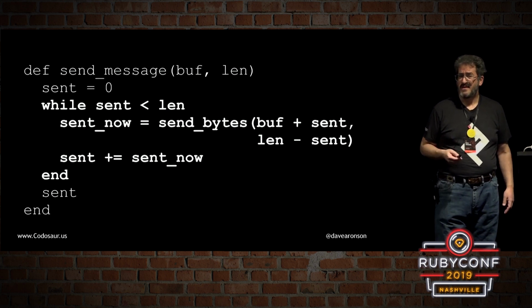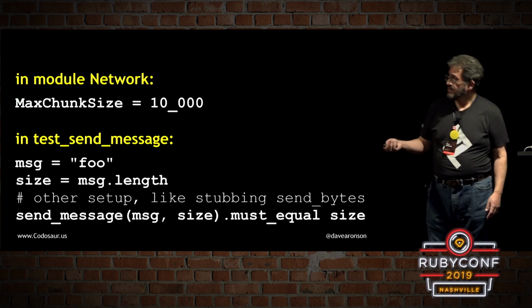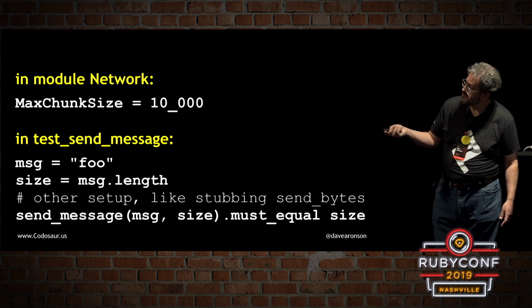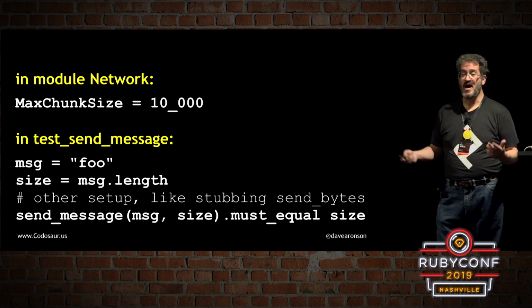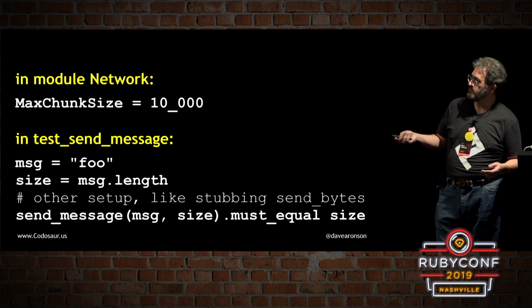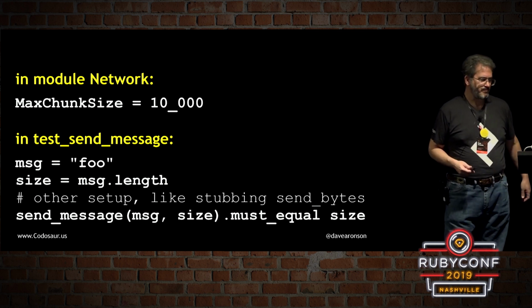So most likely, we're just not testing sending a big enough message. For instance, we see here that our maximum chunk size, which is what sendBytes can handle in one shot, is 10,000 bytes. But we're testing with just a tiny little 3-byte message. So of course it's only going to go through that loop once.